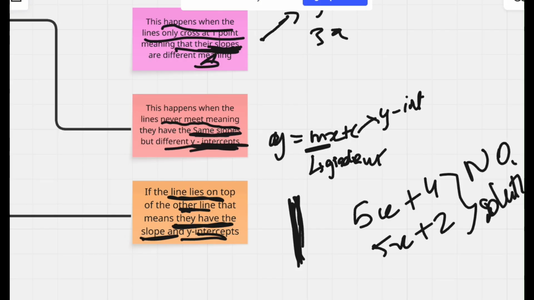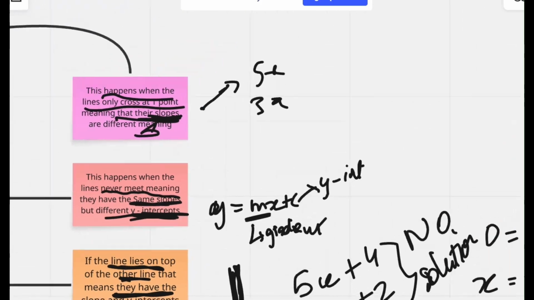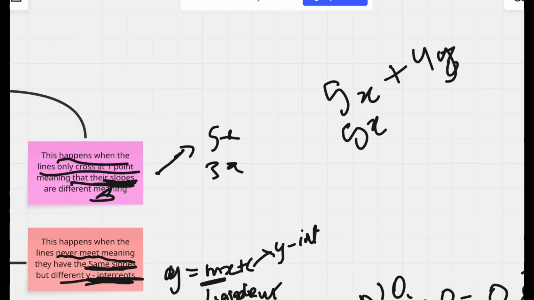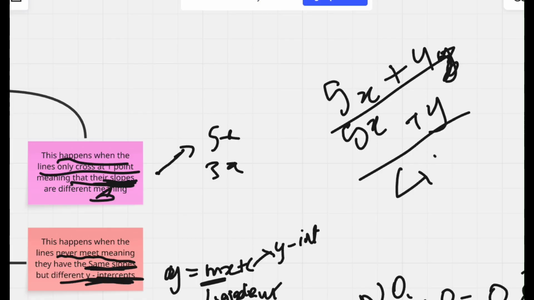These lines never intersect. And when the expressions in the linear system have the same slope, like 5x and 5x, and also the same y-intercepts, 4 and 4, that means that they have an infinite amount of solutions, meaning that the line lies on the other line.